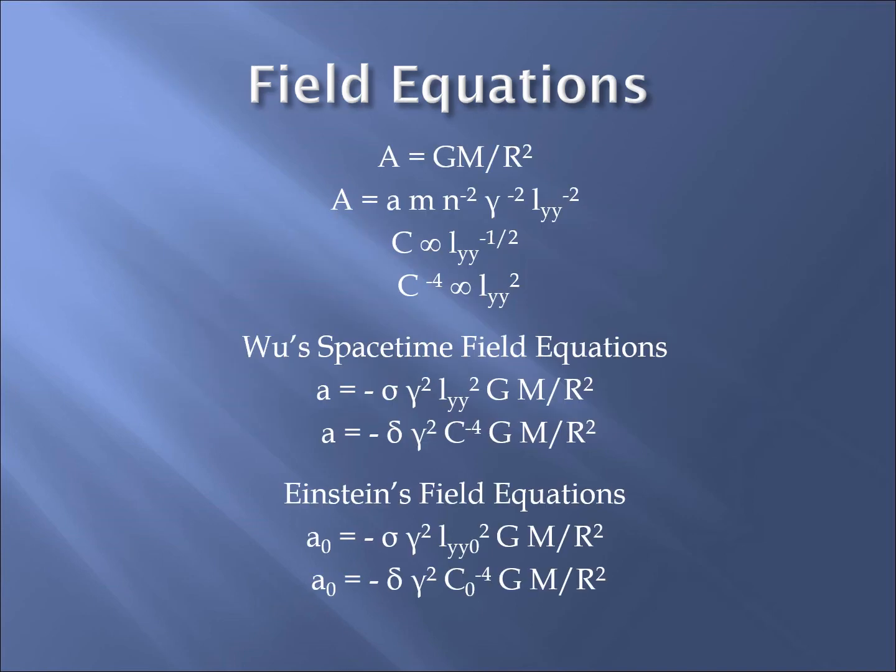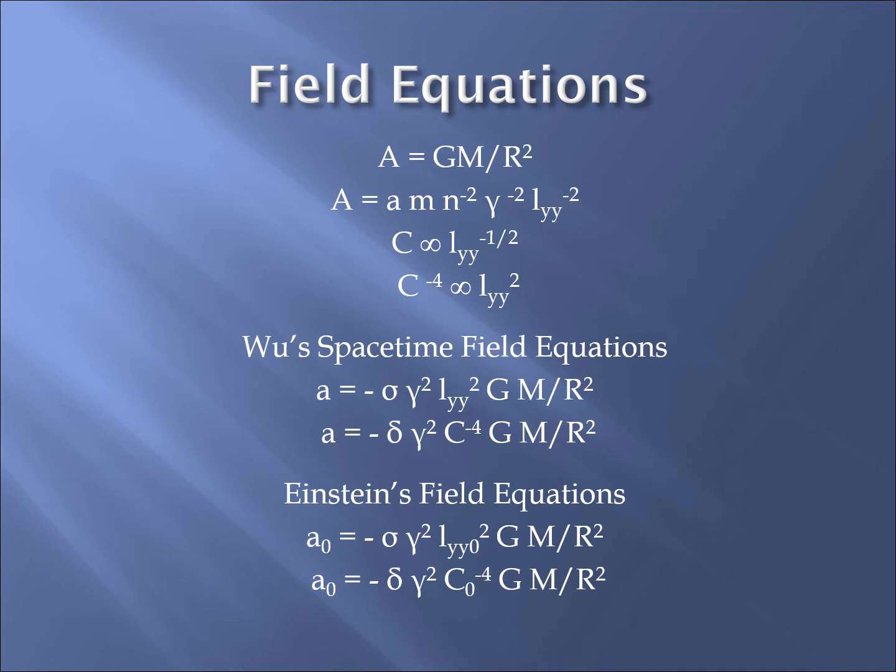A is equal to Gm over R squared. The first formula on the top is a conventional field equation. The next three formulas are developed from Yangton and Yington theory based on Lyy, Wood's unit length. From those four formulas, we can derive Wood's space-time field equations, in which A is proportional to Lyy squared, and also A is proportional to C to the minus 4.